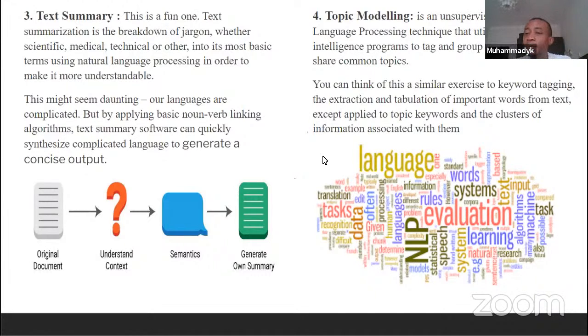Yeah, it's an unsupervised natural language technique that utilizes artificial intelligence programs to tag and group text clusters that share common topics. So this is a very interesting one. How interesting is this topic modeling?